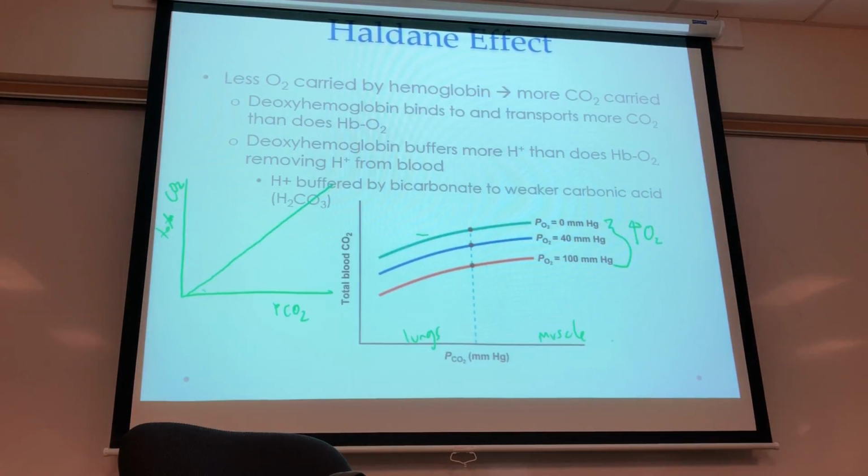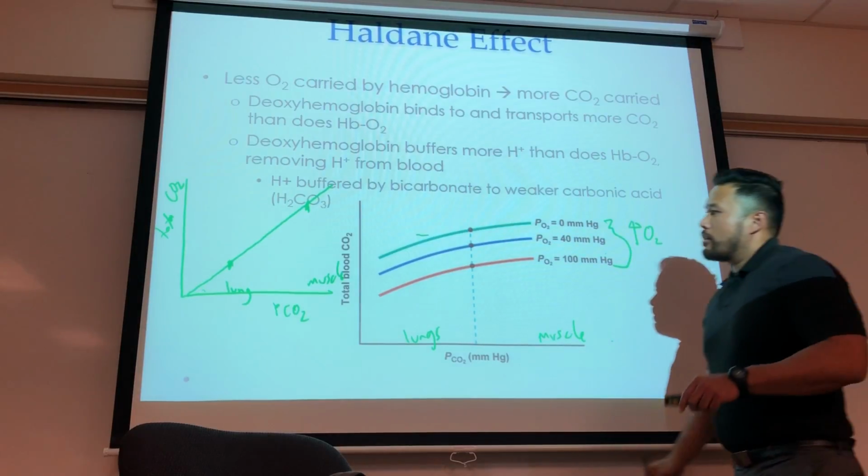And as I mentioned earlier, PCO2 of 46 and then 40. Again, you don't need to necessarily know the numbers here to understand the principle. So high CO2 will be in the muscle. This will be in the lung.